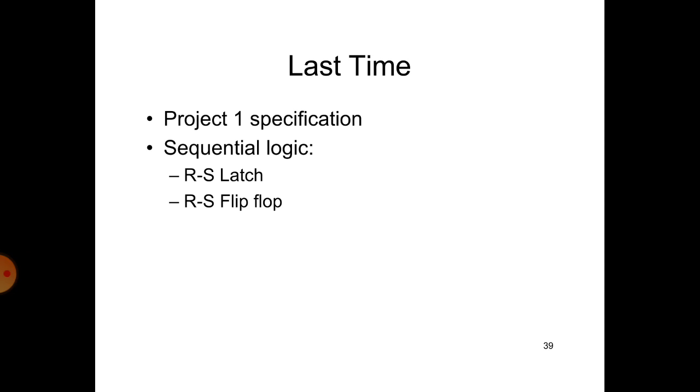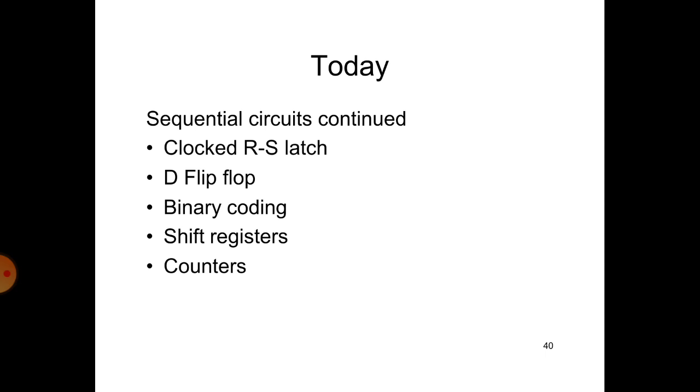So sequential logic, we have RS latch and RS flip-flop. So today we are going to discuss sequential circuit continued, clocked RS, D flip-flop, binary coding, shift registers, counters. So thank you.